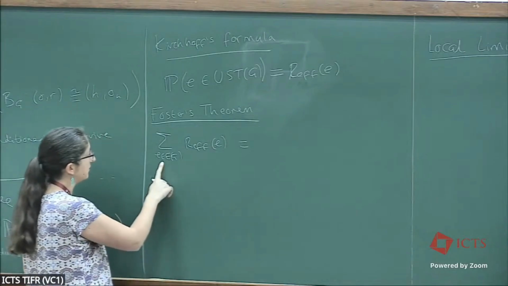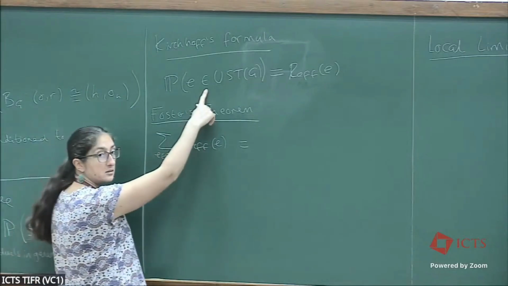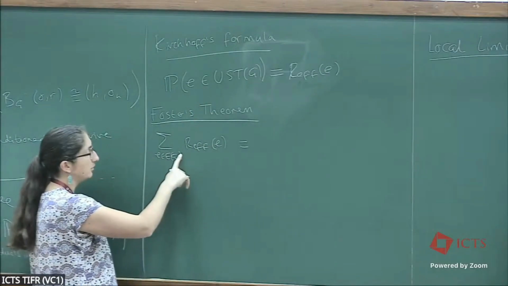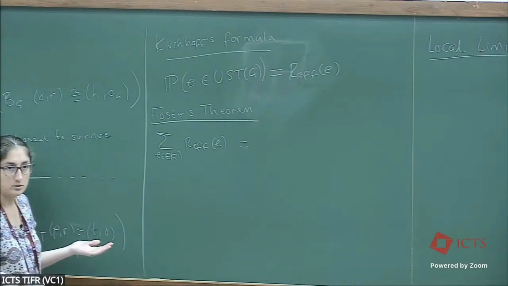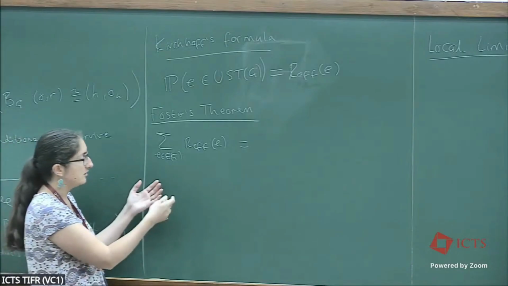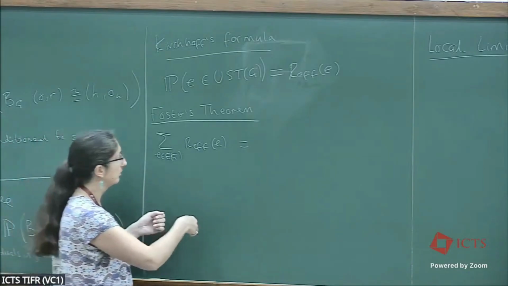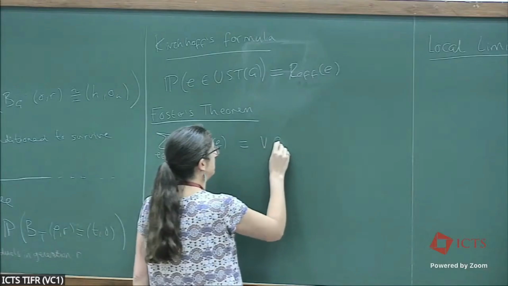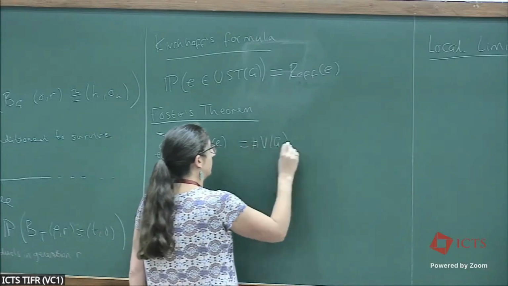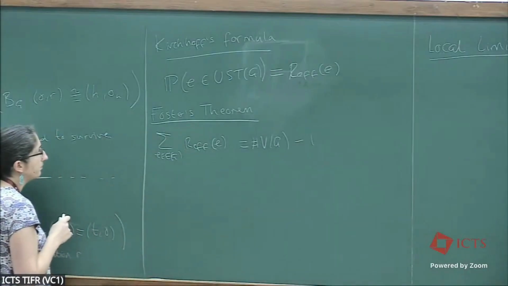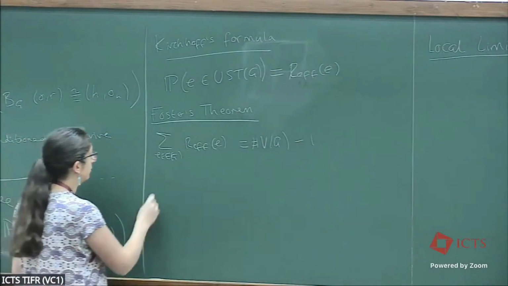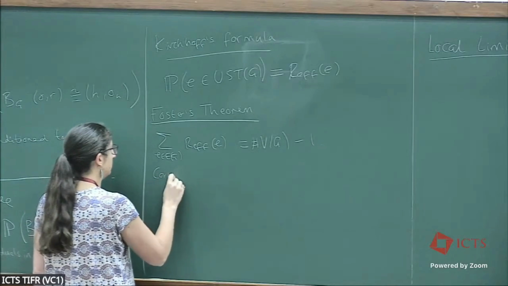This is summing these probabilities, so it's just the expected number of edges in a uniform spanning tree, which is actually not random. The number of edges is always exactly the number of vertices minus 1. So this will be the number of vertices of G minus 1.